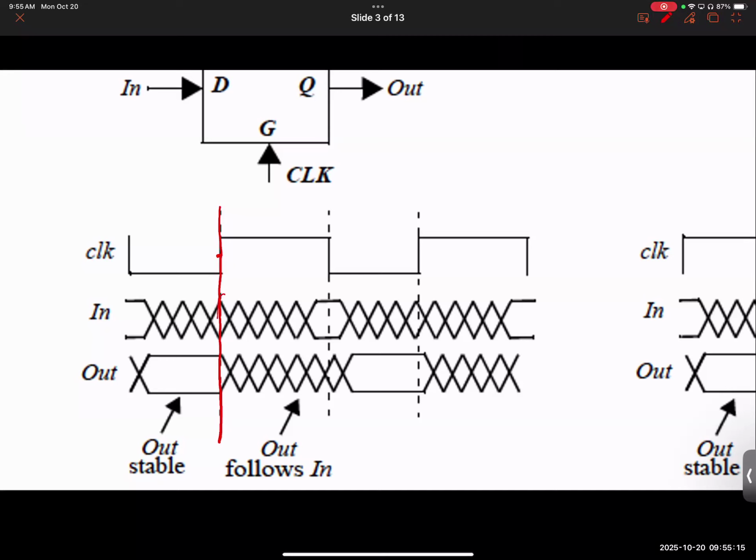I don't know if you have noticed that, but your output will not be able to completely follow the input right away. This particular diagram doesn't illustrate that well, but we will see diagrams coming in and you will see there will be a lag after which the output starts following the input. It is not illustrated here in this particular diagram, but keep that in mind.